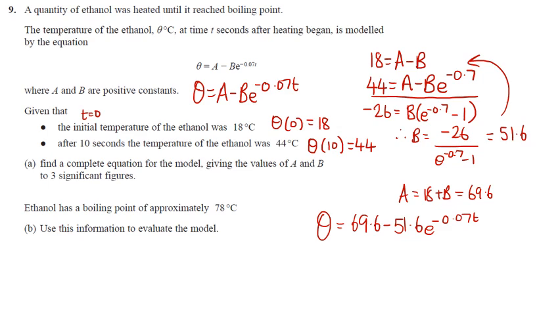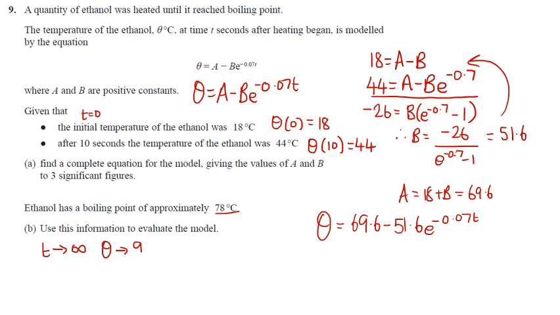Okay, we're told ethanol has a boiling point of 78 degrees Celsius. So use this information to evaluate the model. So if you keep heating it, eventually, if t is very large, then it should eventually boil. But in this model, when t goes to infinity, theta approaches, well, the exponential term, because it's decaying, will tend towards 0.